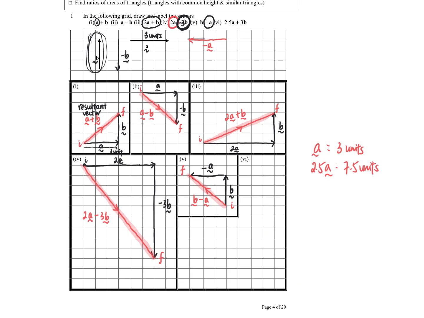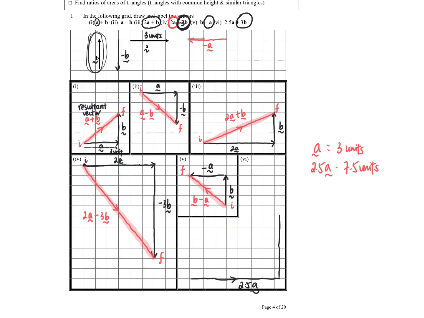Okay, anyway, A represents 3 units to the right? So 2.5 of A means 7.5 units to the right. So I'm going to move 7.5 units. So 2, 4, 6, 7.5. Okay, so this is 2.5A. And then I want to move 9 units upwards. So 3, 3, 3.